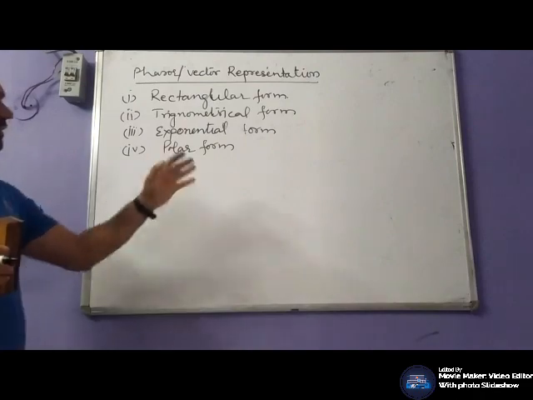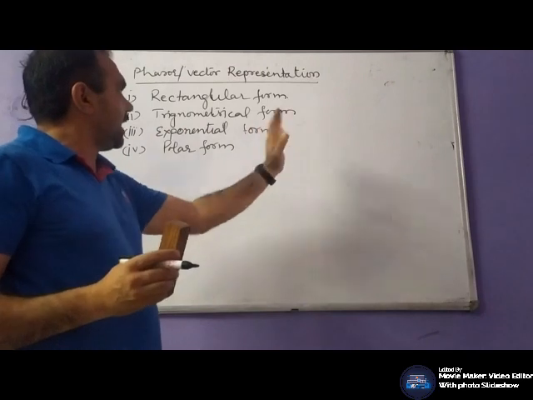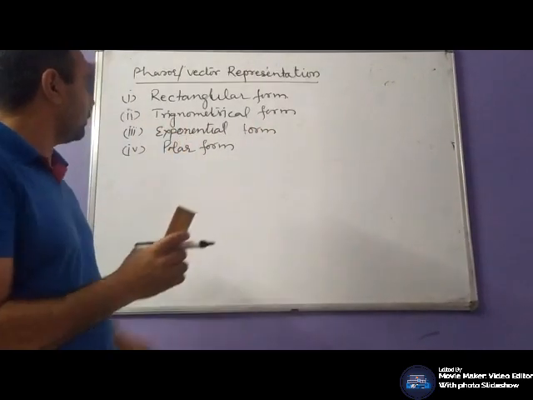So we can represent these alternating quantities in any of the forms: rectangular, trigonometrical, exponential and polar.